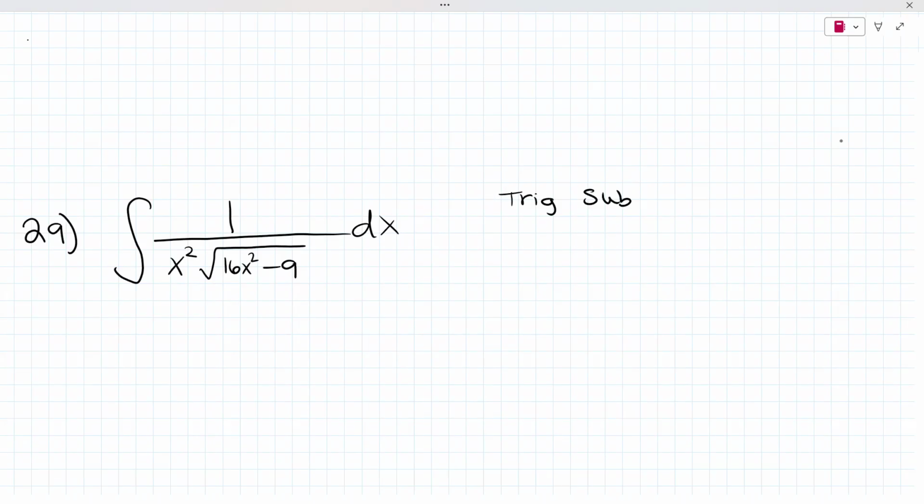So this square root of 16x squared minus 9 is very similar to this bx squared minus a squared, right? And then your x is going to be a over b of secant theta. So what we need to do is figure out our x, our a, and our b.